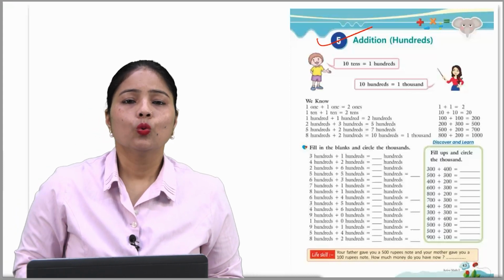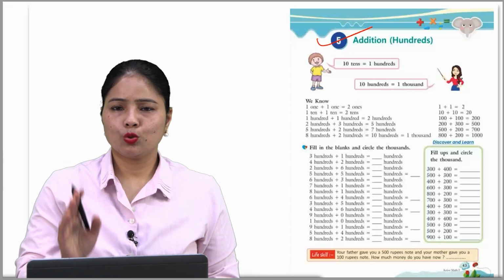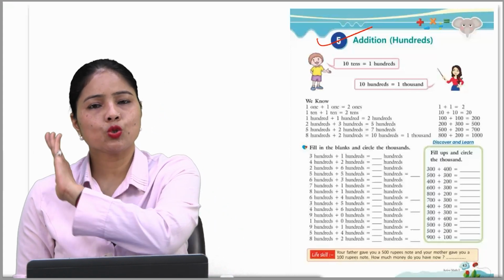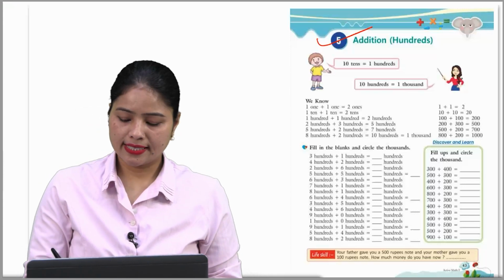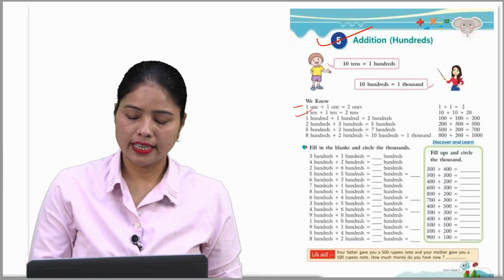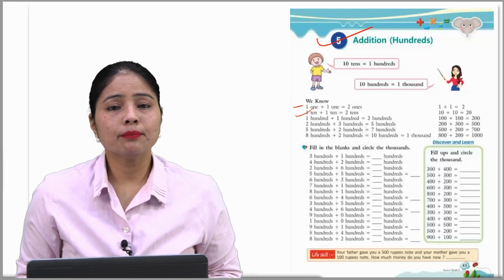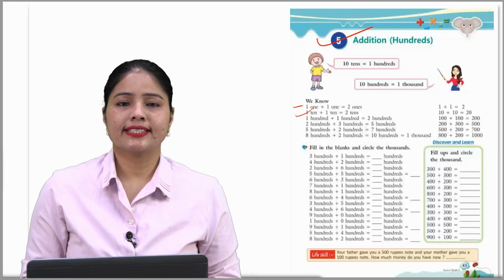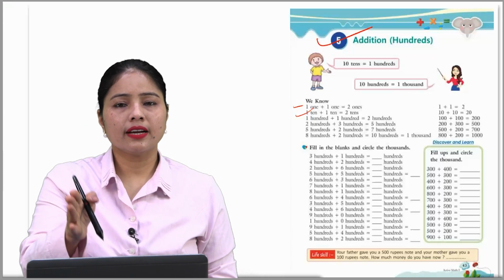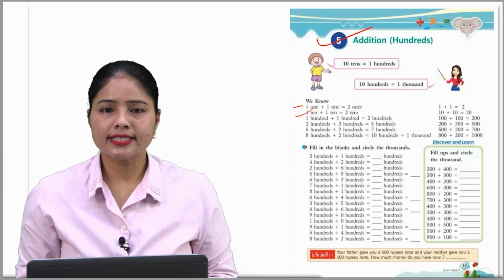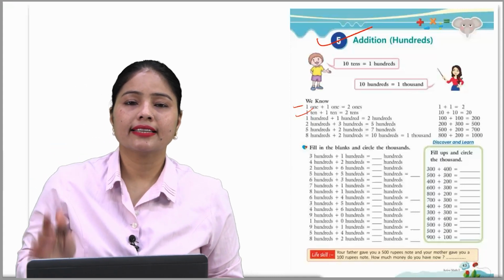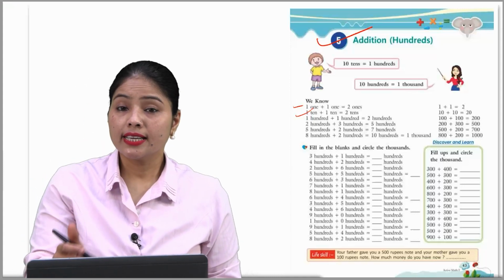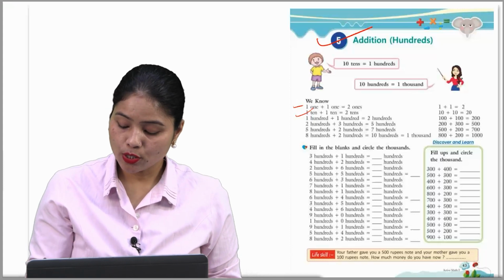We know 1 plus 1 is equal to 2 ones. Similarly 1 ten plus 1 ten, 2 tens. Similarly 100 plus 100, 200s, and 200 plus 300s makes 500s. 500s plus 200s is equal to 700s, and 800s plus 200 is equal to 10 hundreds, or 10 hundred is the same as 1000.